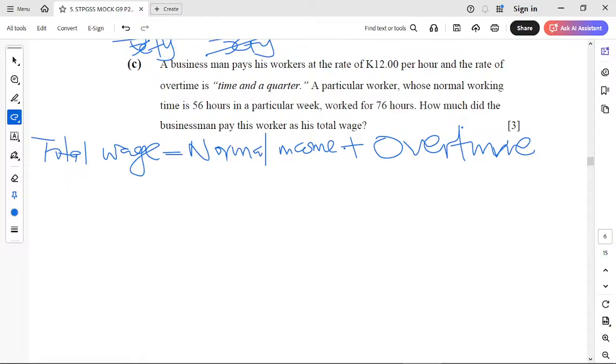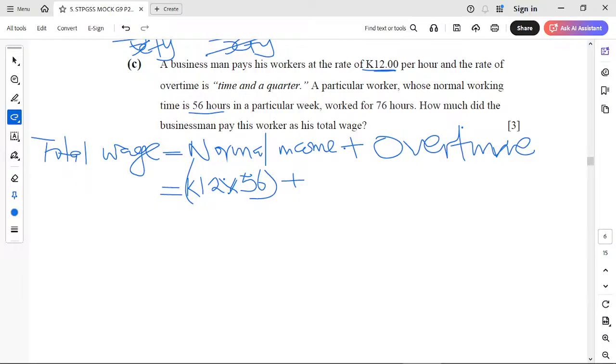So how much is the normal income? We are told the normal rate is 12 kwacha per hour. So we say 12 kwacha times how many normal hours they work in a week, which is 56 hours. We put this in brackets, then we say plus overtime.